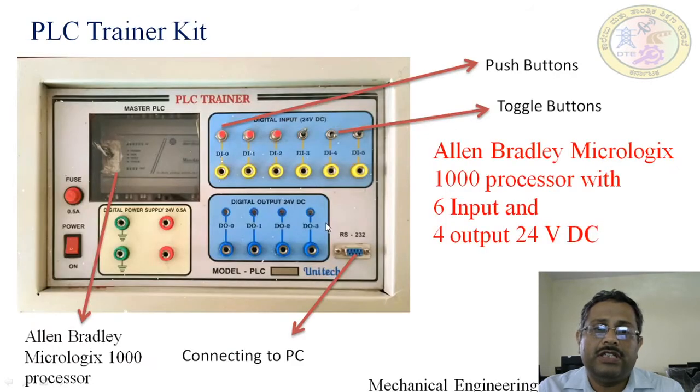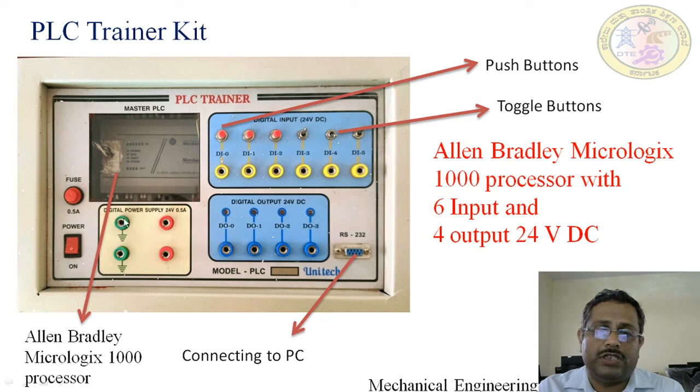Next, we will see the PLC trainer kit. There are many PLC trainer kits available in the market. We are using a PLC trainer kit made by Allen Bradley with a Micrologix 1000 processor. We have 6 inputs and 4 outputs of 24 volt DC. This is a schematic of the PLC, the picture of the PLC we are using, the Allen Bradley Micrologix 1000 processor.